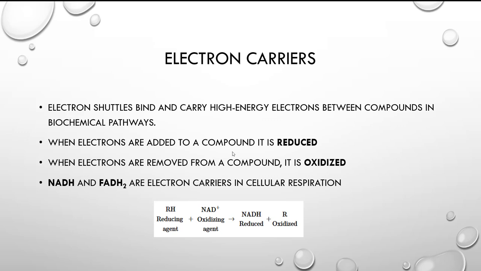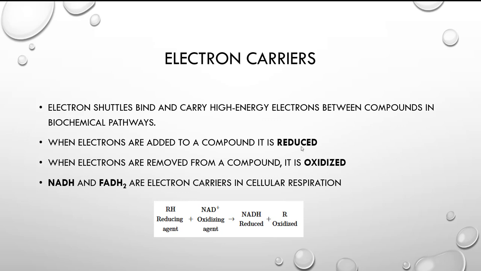And when an electron is added to a compound, we call that compound reduced. So when a compound has gained an electron, it's become reduced.